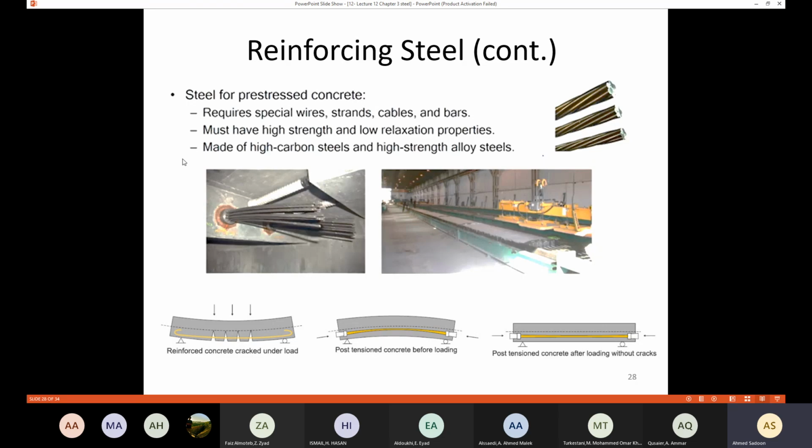They should be made of high carbon steels and high strength alloy steel. Here we don't want ductility, we want strength. So we are going to use high carbon steels, and also alloying steel, in order to enhance the strength more and more.